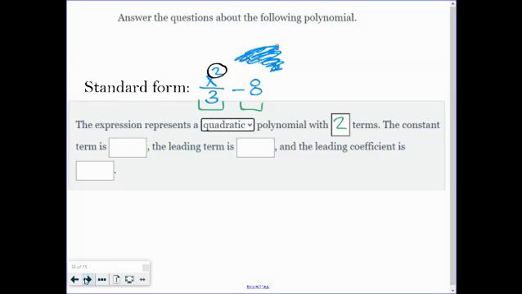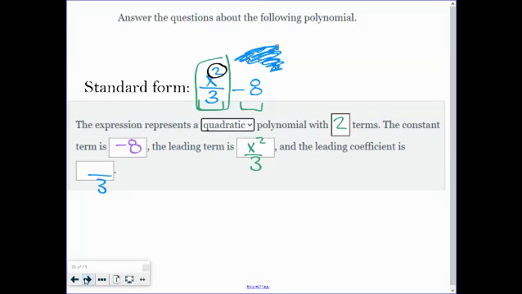The constant term is negative 8. That's the number without a variable. The leading term is the term all the way at the beginning when written in standard form, x squared over 3. And then the leading coefficient is that number that goes with it, okay? So when we have fractions like this, we don't want to include the variable.